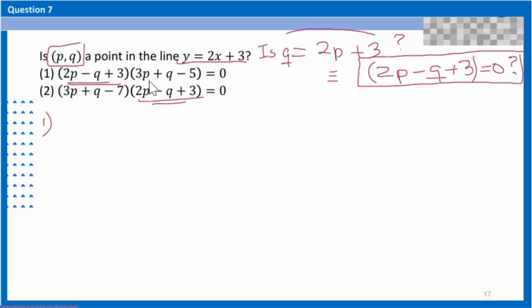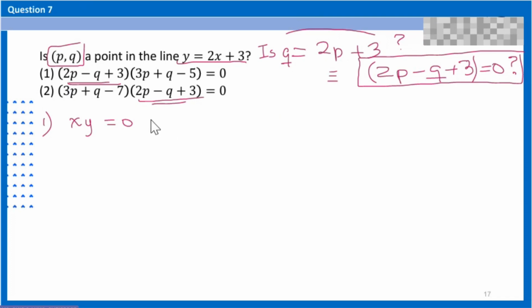You have a basic structure that looks like this, x times y equals 0. You can analyze from this basically that either of the two factors may be 0, but do you know which?